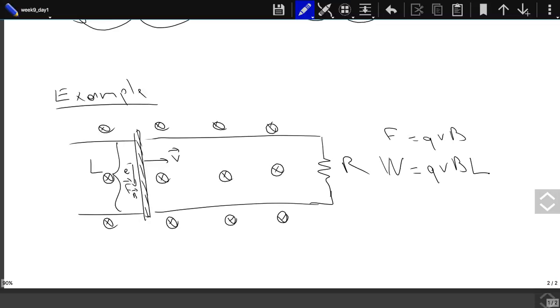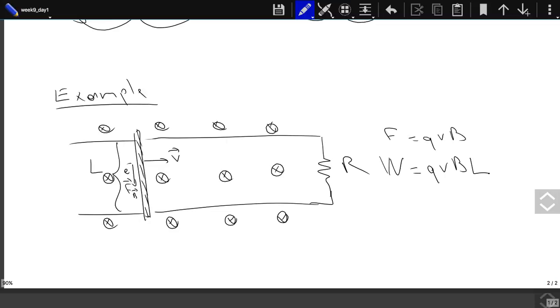What is doing this work, by the way? It's not the B. Basically, that's where the force will come from. You see, the electrons will not be moving straight down. As they move, they will start bending.